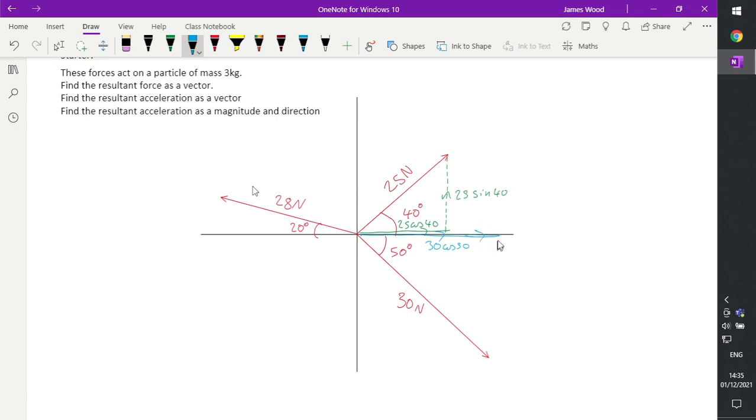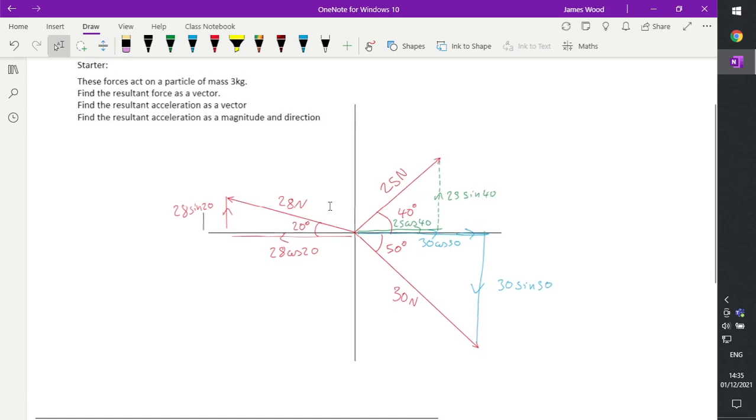That's going to the right. And then downwards, we've got a component of 30 sine 50. And then last of all, this force here has got a component to the right of 28 cos 20 and a component upwards of 28 sine 20.